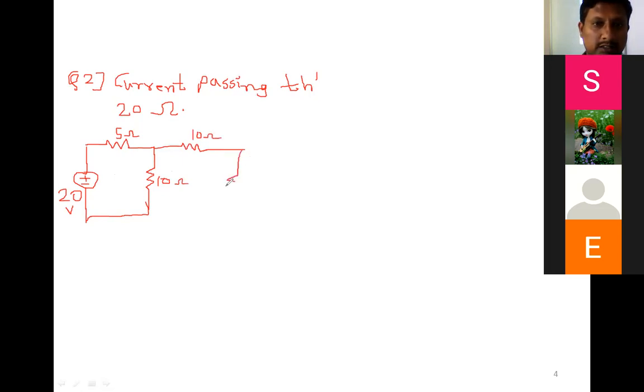Next, this resistor will be 20. And here a current source will be there, so an arrow will be there. The arrow indicates the current source and the direction of current flow. The value of this current source is 4 ampere.